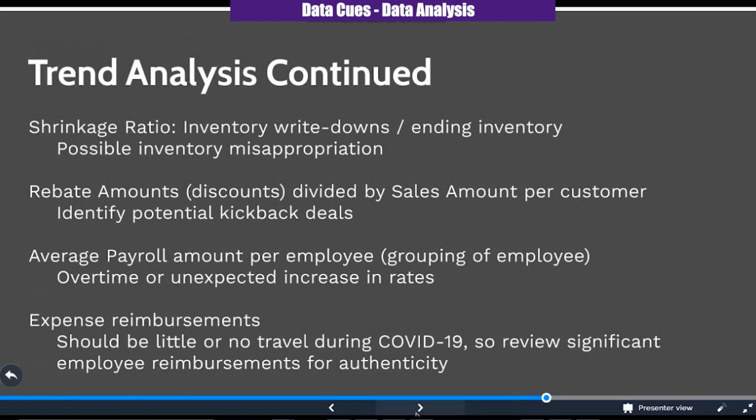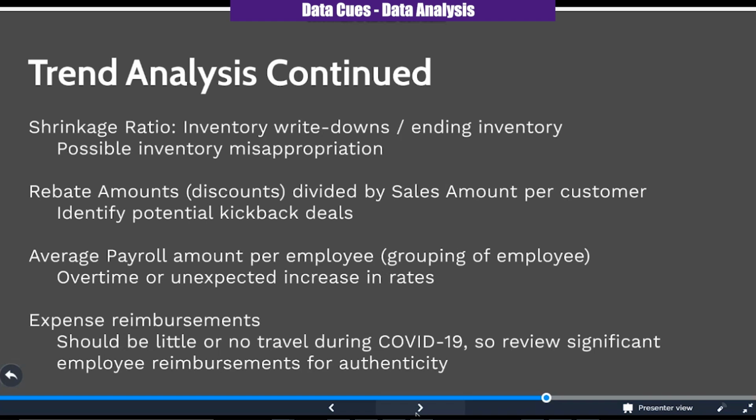Shrinkage ratio. How's your inventory compared to the ending inventory? Are the write-offs increasing? Do you have a potential inventory misappropriation? Rebate amounts or discounts by sales, by customer could identify some potential kickbacks. The average payroll amount per employee, or grouping of employees, you could do that too, certain areas, and group those employees.